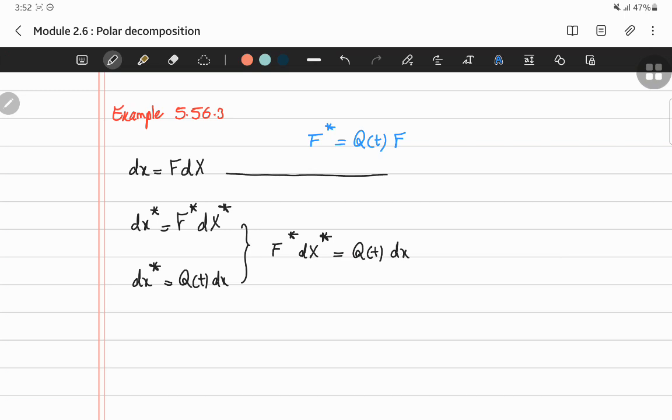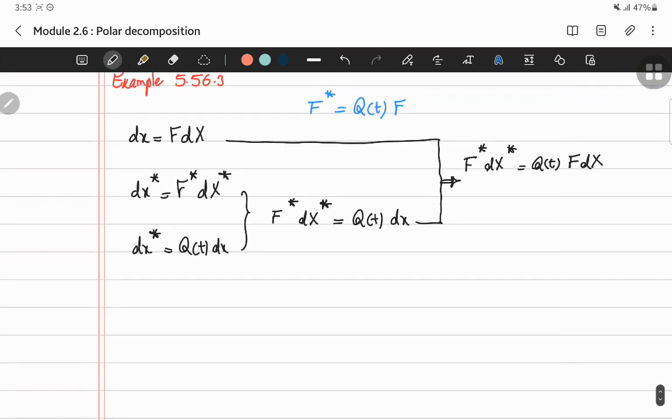And from here, substitute this, we get that F star dX star is equal to Q. Instead of x, I'm going to write F dX. And if you see here, we have dX star and dX. They are basically the same. They are the material vector in the reference configuration. Therefore, we can get F star is equal to QF.